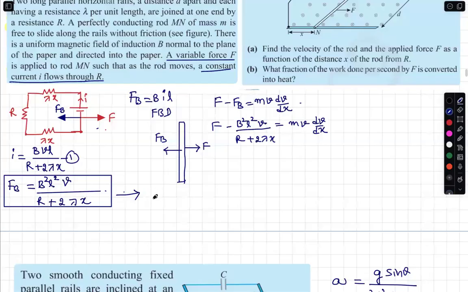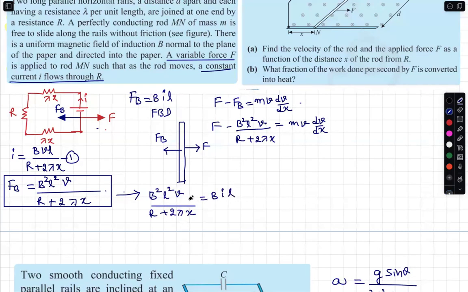So which means I is the data. So B square L square V by R plus 2 lambda x is BIL.